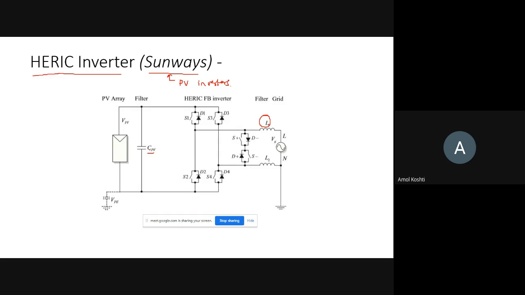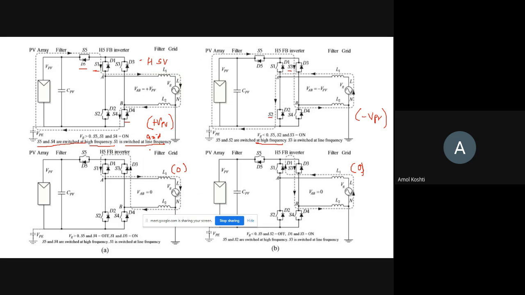One more point I forgot to tell you. If there is no zero switching in the system, what happens? This L1 may charge or discharge C, or C may charge or discharge L1 and L2. L1 and L2 may charge C1 if L1 and L2 are dominant, or C can charge L1 and L2 if C is dominant.